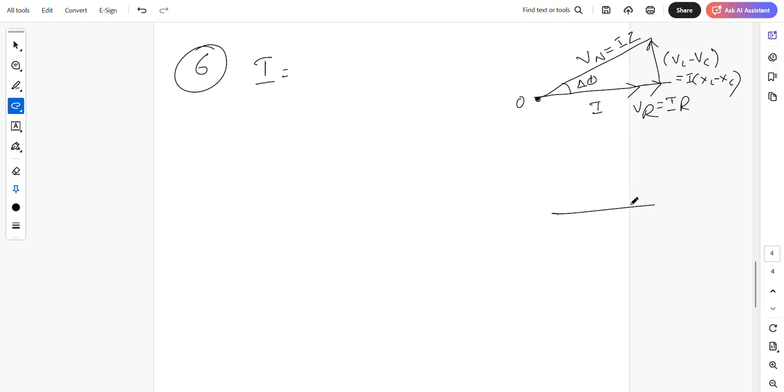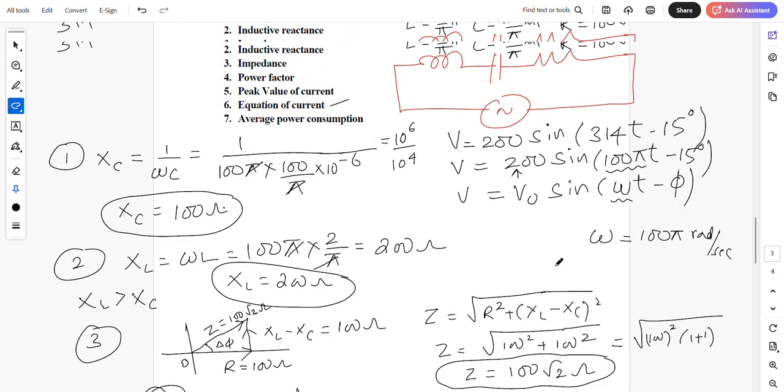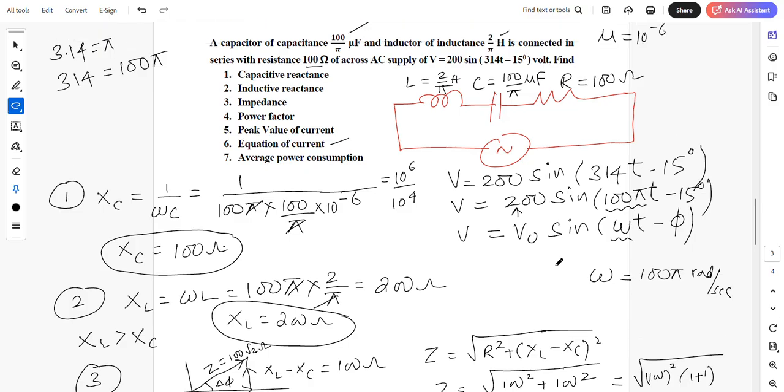Now, which is lagging, which is leading here? This is the total current, and this is the total net voltage. This is delta phi. Now here, see what equation they have given for voltage. How much is the net voltage they have given, that is connected to your supply?